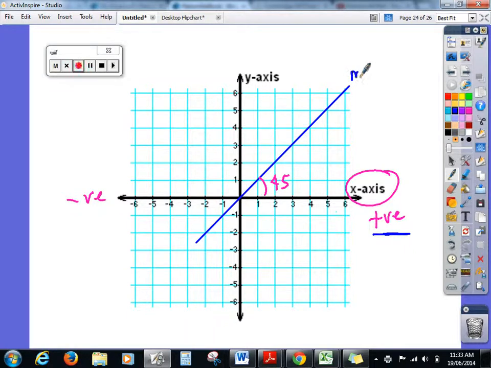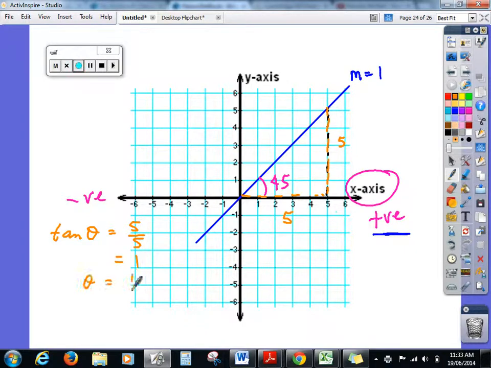Now, we know this has a gradient of 1. And how does this gradient work with this angle here? Well, it's just plain old trigonometry. If we put a line going down there, in a different colour so it can be seen better, and a line going along here, we know that this is 5 units and 5 units. Using this as a right-angle triangle, tan theta equals 5 over 5, which equals 1.